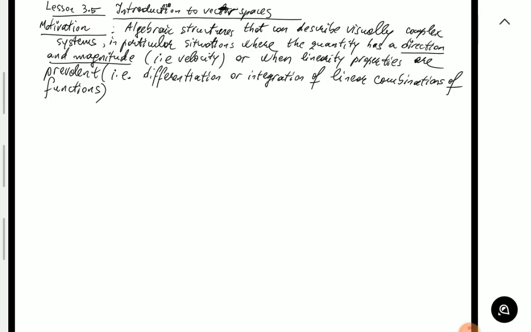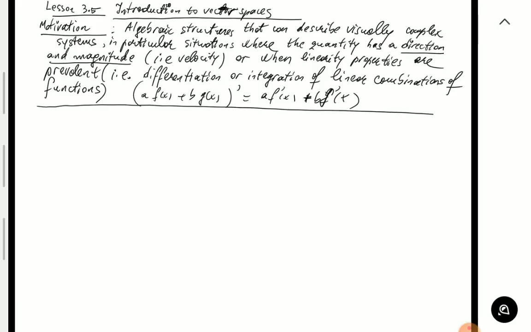So the classical example in calculus is differentiation or integration of linear combinations, like if I have some constant times f of x plus some constant times g of x, the differentiation has that linear property in the sense that the constant doesn't do anything. You can pull it out of the derivative, and the derivative itself distributes over the summation. So that's an example of a linearity property. Vector spaces are inherently linear, as you will see.